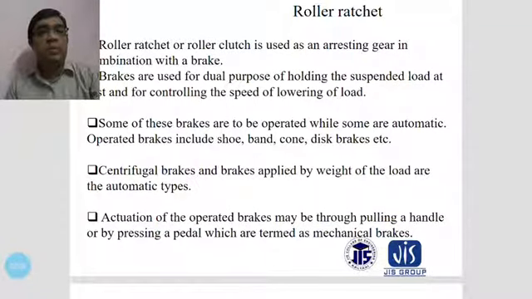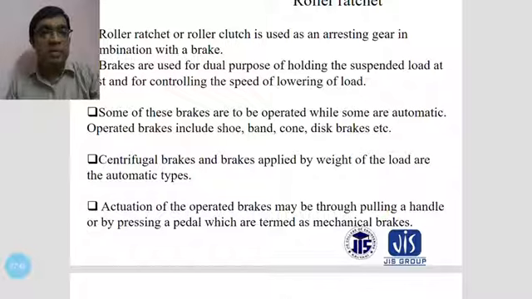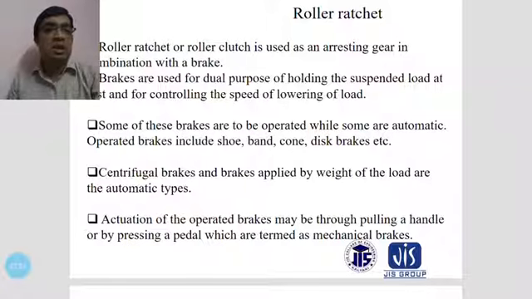Some of these brakes are to be operated, while some are automatic also. And another thing, the operated brakes including the shoe, band, cone, and disc brakes also will be mounted to this. Like the operated brakes including the shoe used with the roller ratchets, and the bands will be used.